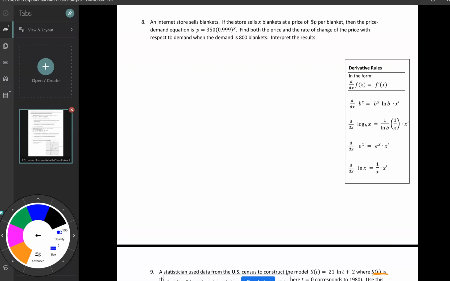So an internet store, my math lab cracks me up. An internet store sells blankets. If the store sells x blankets at a price of p dollars per blanket, then the price demand equation is this. Okay, so p is calculating the price at a given demand x. So x is the number of blankets.